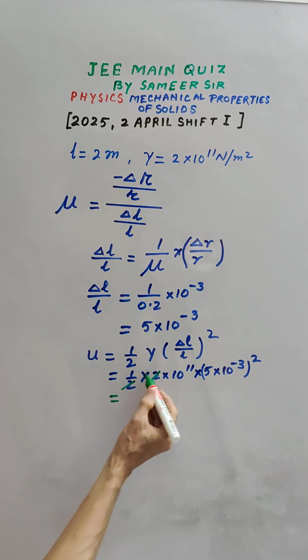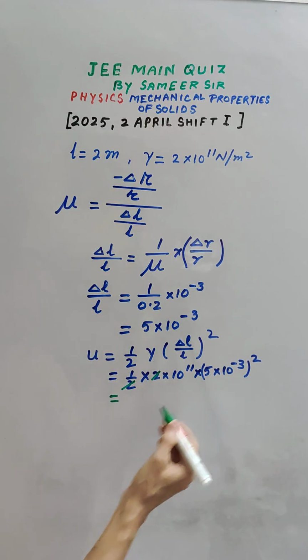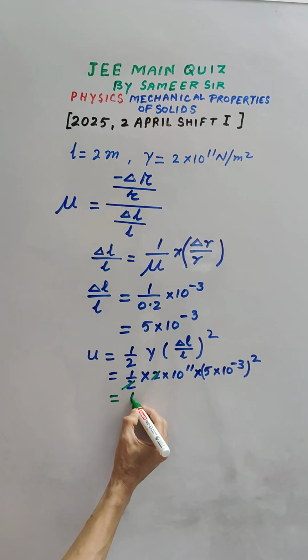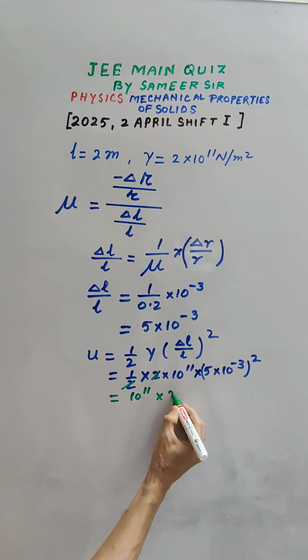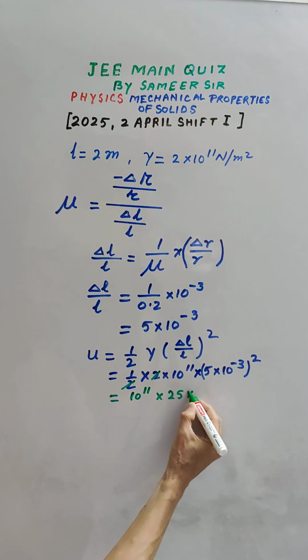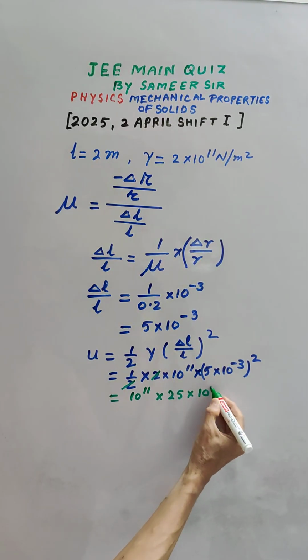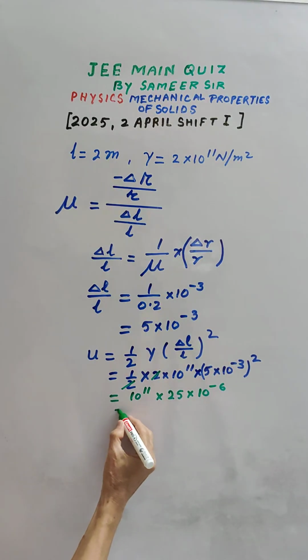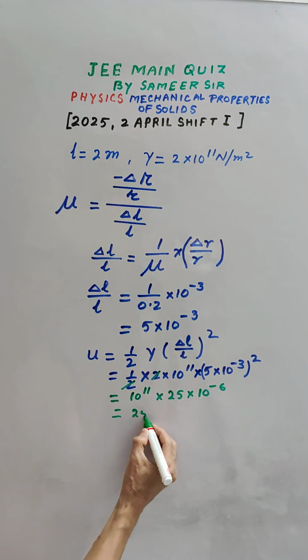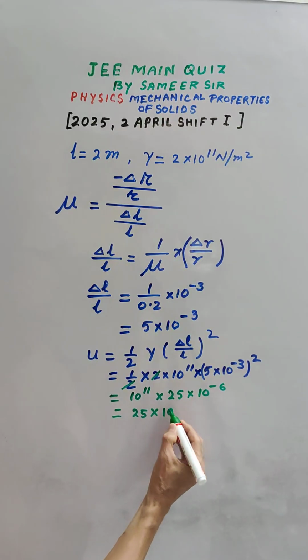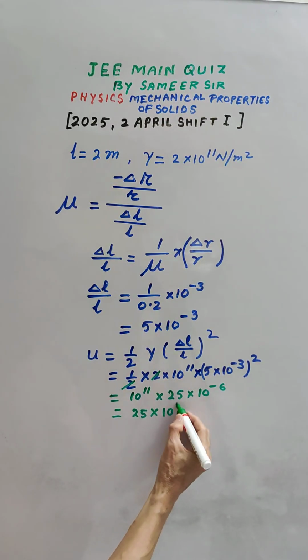2 is cancelled with this 2, 10 to the power 11 into 5, 5 fives are 25, into 10 to the power minus 6. So that will be 25 into 10 to the power 11 minus 6, that is 5.